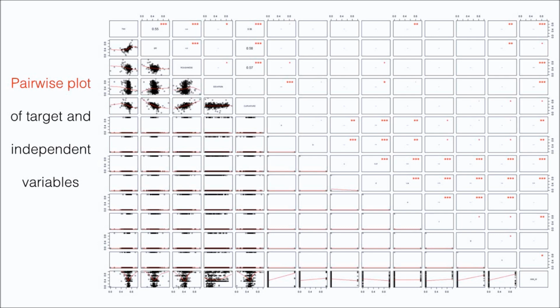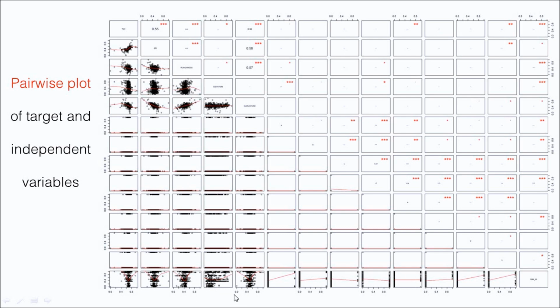Also, there is a pairwise plot. Actually, this code is very nice. It shows the relationship between the factors themselves. So if there are independent factors, for example, the last row here, this is the prediction. So when you see the prediction's relationship with the others, for example, with the elevation, you can see that the x-axis is the elevation data.